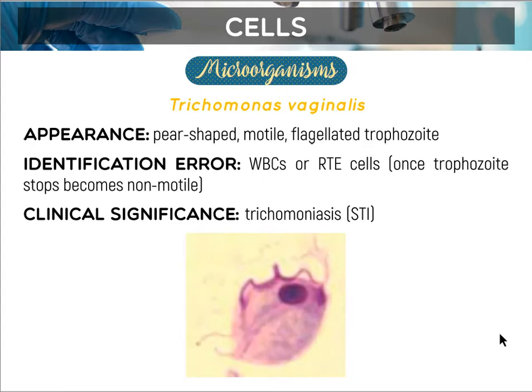Next up, we have your parasites. First off on the list is your Trichomonas vaginalis. Its appearance, we all know, is a pear-shaped, motile, flagellated trophozoite. Its identification error may be WBC or RTE cells. But if the trophozoite dies, it becomes non-motile, okay? Its clinical significance, of course, is trichomoniasis or your STI, because we all know Trichomonas vaginalis is a sexually transmitted pathogen, okay?